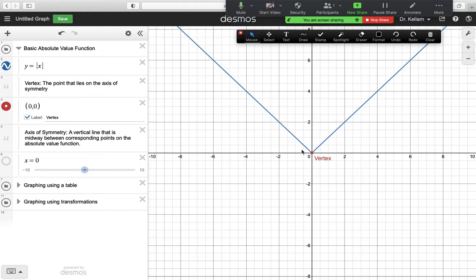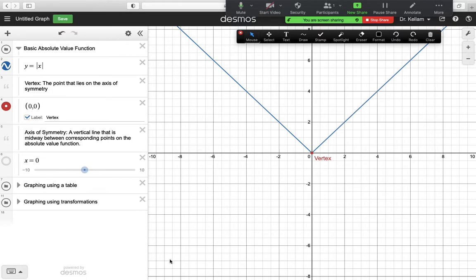What it basically translates to is it's the point where the absolute value function switches from having a negative slope to having a positive slope, or vice versa.